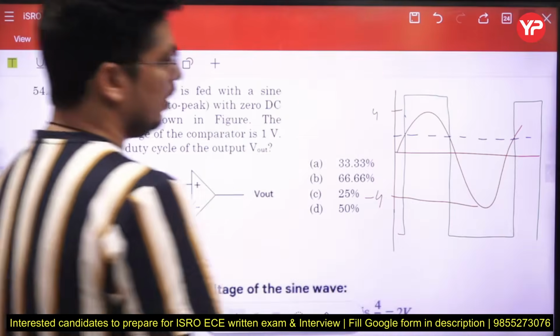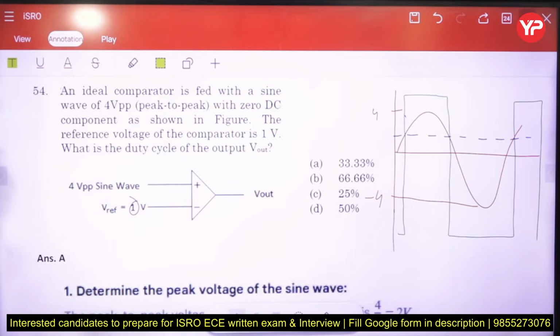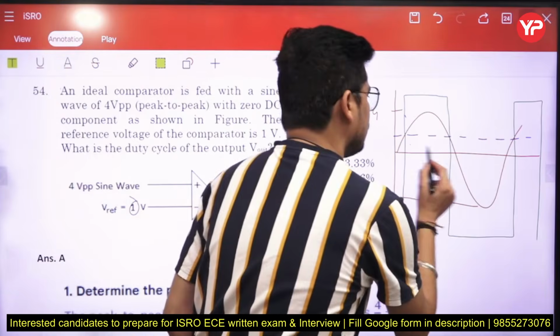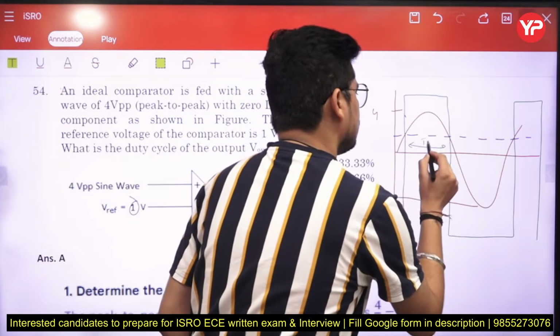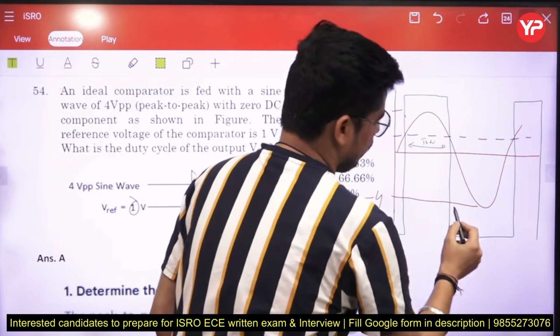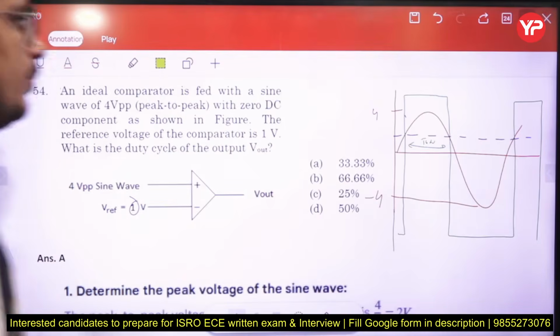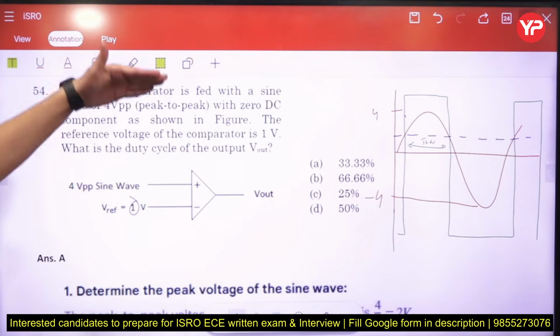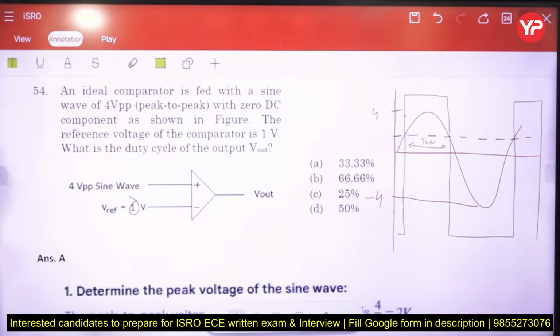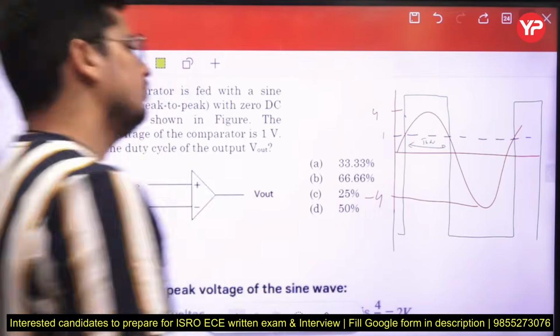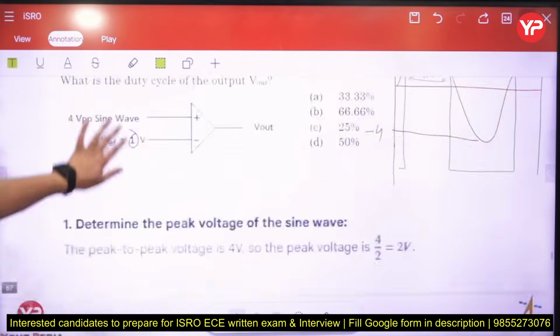So this is your output waveform. We have to calculate this T on. This is called T on, and this is called T off, up to the complete cycle. So we have to calculate the T on. Whenever your input voltage is greater than 1 volt, that is T on time. So what can we calculate?